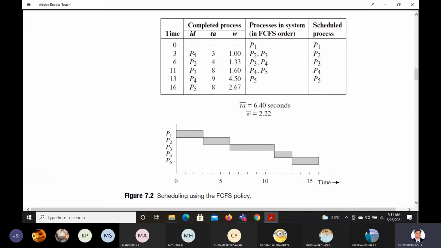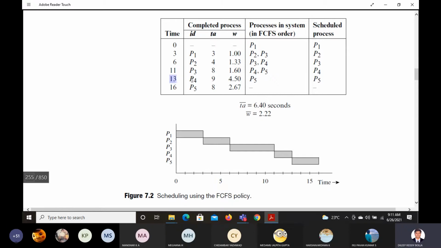This graph is very simple. You got this P1, okay, P1 here from 0 to 3, time taken is 3. And from 3 to 6 is P2, 5 here, right? 1, 2, 3, 4, 5, and again 6, 7, 8, 9, 10, like that.